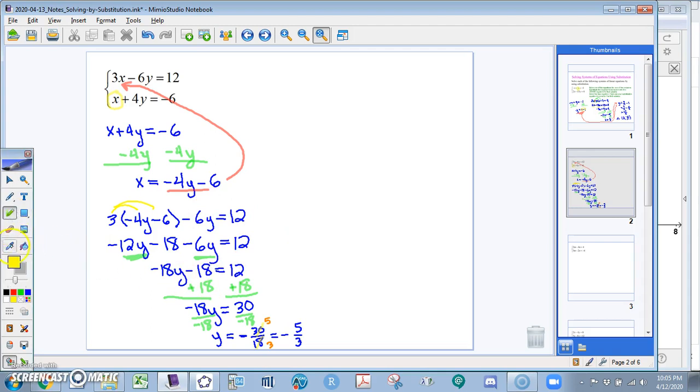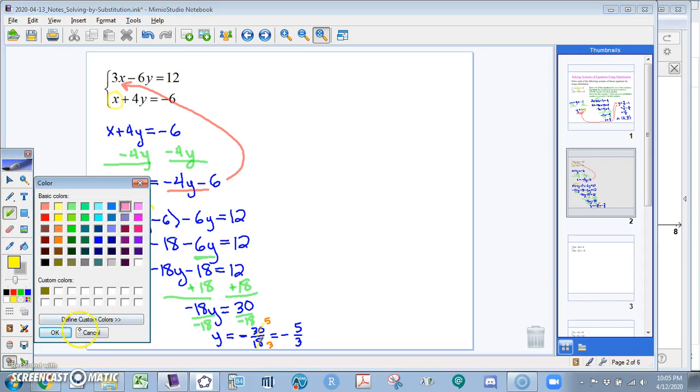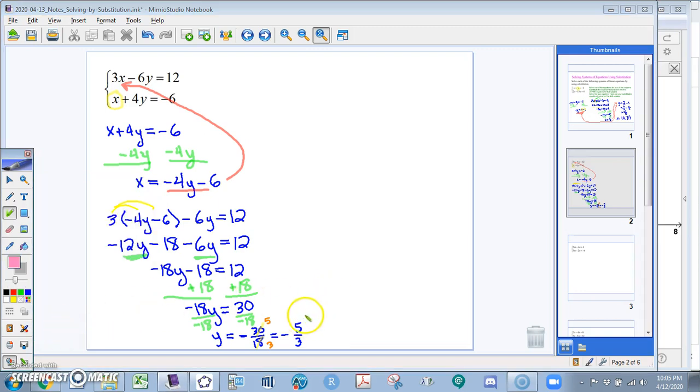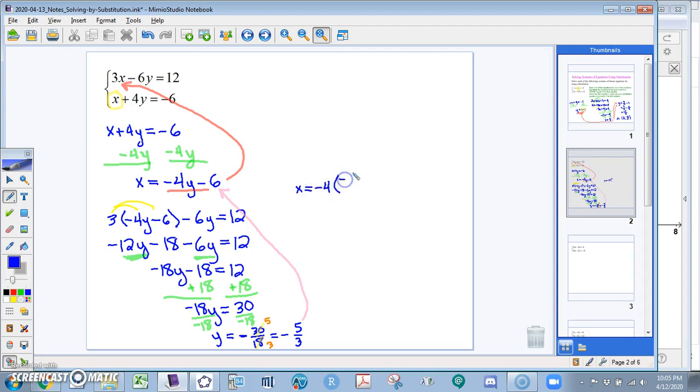Now I take that answer and substitute it back into my equation for x. So x is equal to negative 4 times negative 5/3 minus 6. Yep, we're going to have a little bit of fraction work to do here.